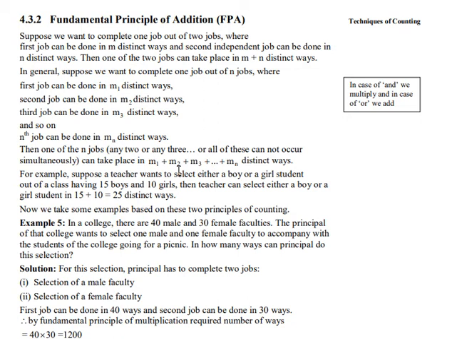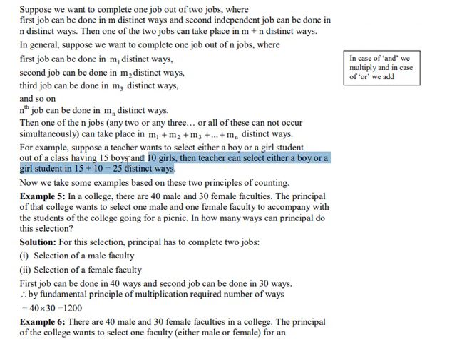Now you could select either a boy or a girl. It's not 'and', so you do not have to choose two members, you have to choose one member. So you could choose one out of those 15 members, or one out of those 10 members. So the total sample is 25 people. From 25 you have to select one person. So you have 25 distinct ways to do it.